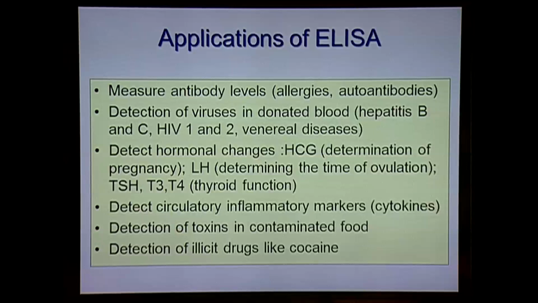Also we can detect changes in hormonal levels, mainly human chorionic gonadotropin hormone, which is a marker of pregnancy, and many ELISA kits are available in the market to detect pregnancy readily using the ELISA technique. Also we can detect thyroid hormones very easily through ELISA. Also we can detect the presence of toxins in contaminated food or presence of cocaine in blood. So ELISA has multiple applications.